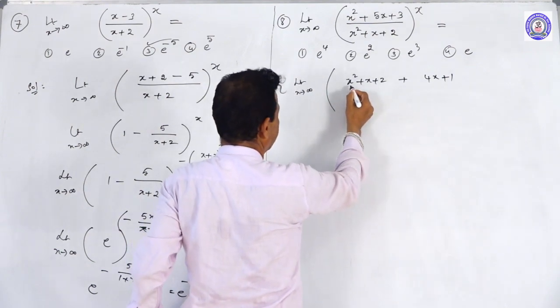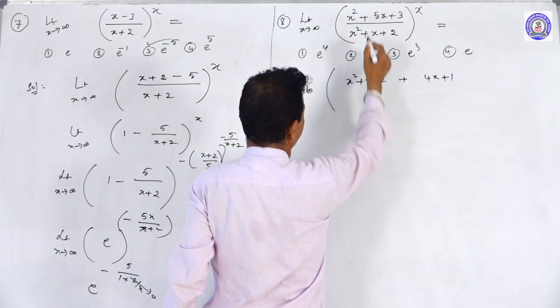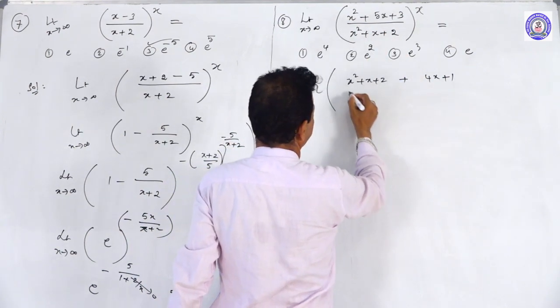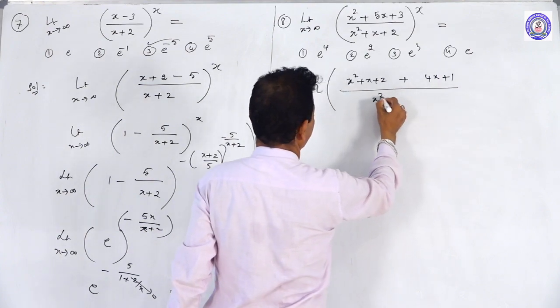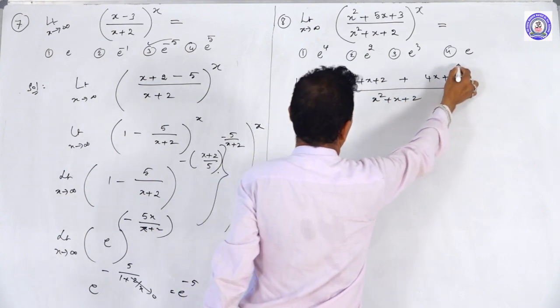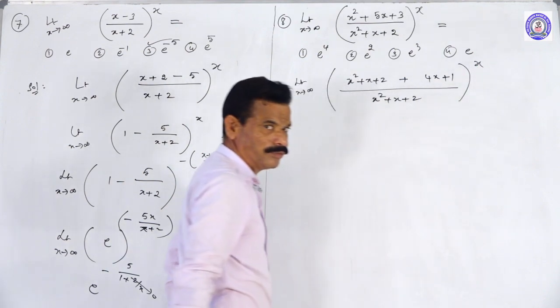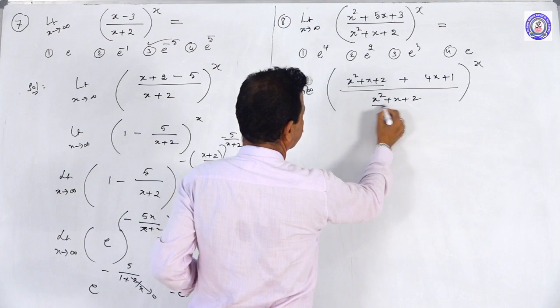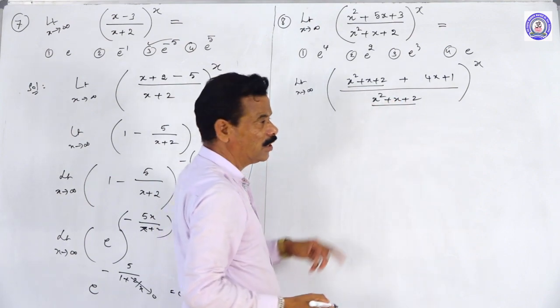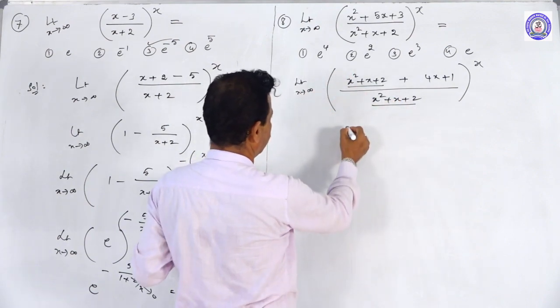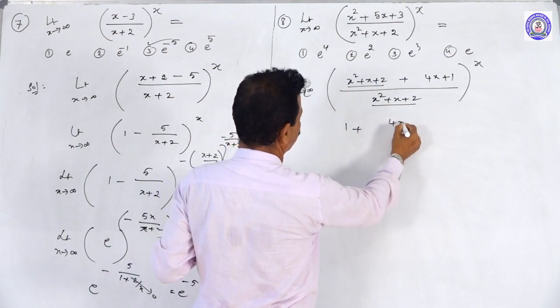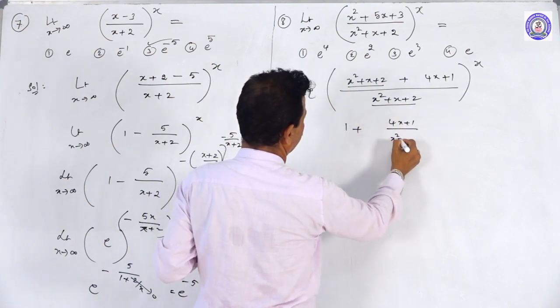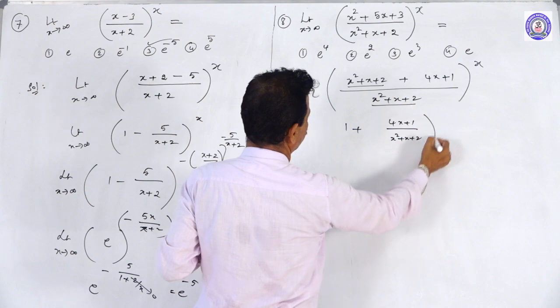So we tally x square, x plus 4x is 5x, 2 plus 1 is 3, divided by (x square plus x plus 2) to the power x. After this, up to here, this is the same term, so this by this gives 1, plus the remaining (4x plus 1) by (x square plus x plus 2), to the power x.